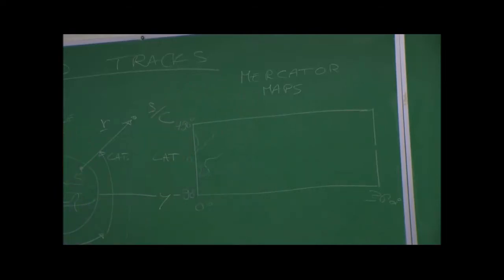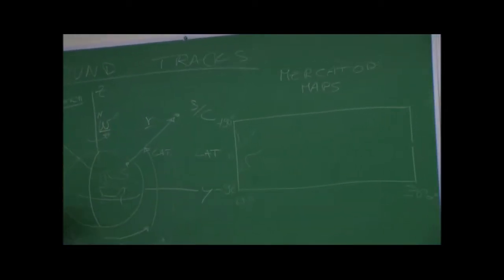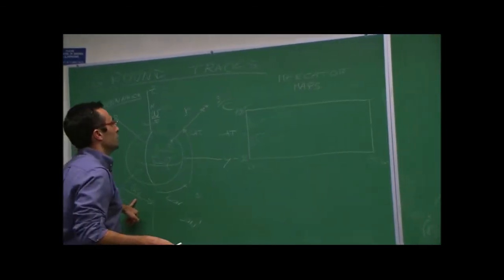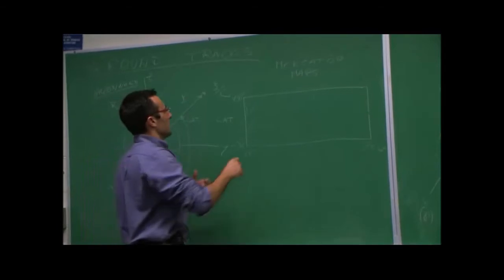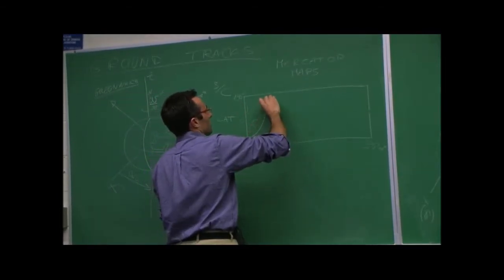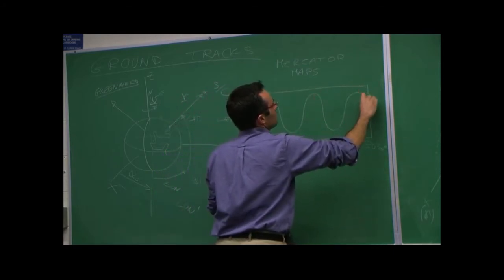I can't do maps. Anyways, the satellite's longitude will change if you correct for it, taking into account the fact that you have to subtract these at all times. You obtain longitude and latitude, and the ground track of a satellite is the trace of longitude and latitude on this kind of map, which is a 2D representation.